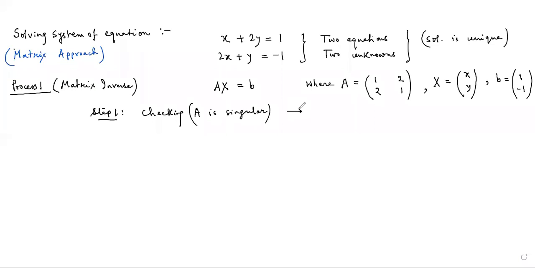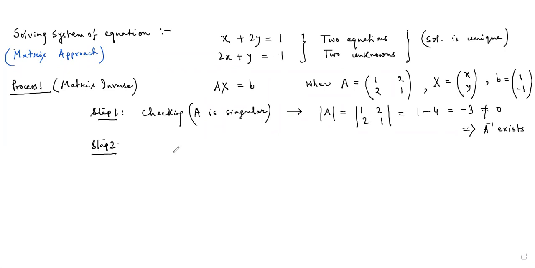This checking can be done by finding the determinant of the matrix A, which is calculated in the following manner, which is equal to -3, and therefore it is not equal to 0, and therefore A inverse exists.